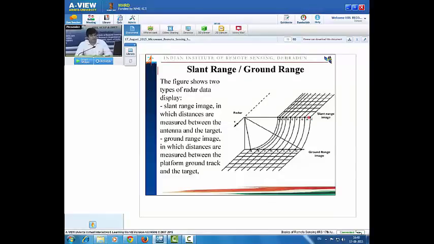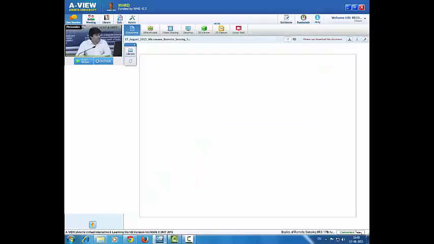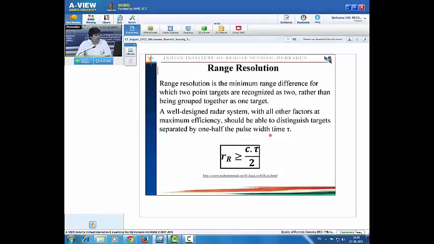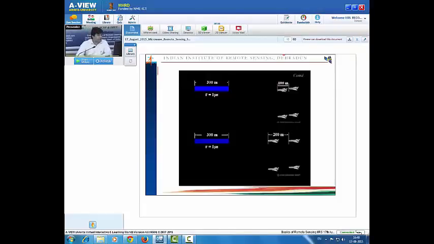This conversion can be done with the help of the angle of incidence. If the angle of incidence is known, then the range resolution multiplied by 1 divided by sine of the angle of incidence will give the information of ground range, and finally it will be converted to the ground range.